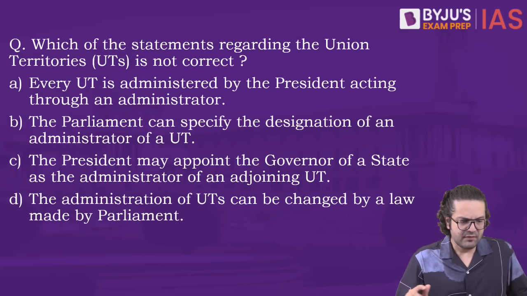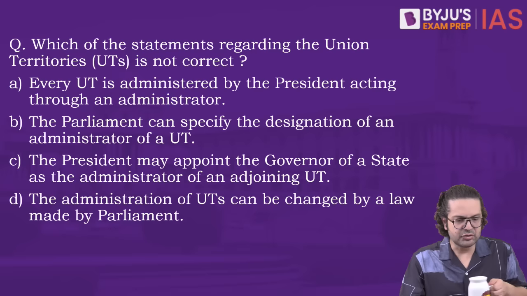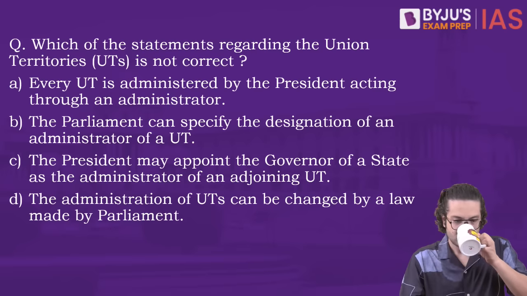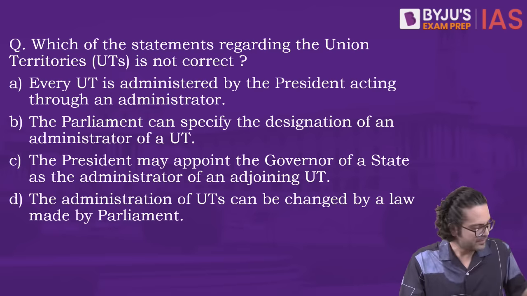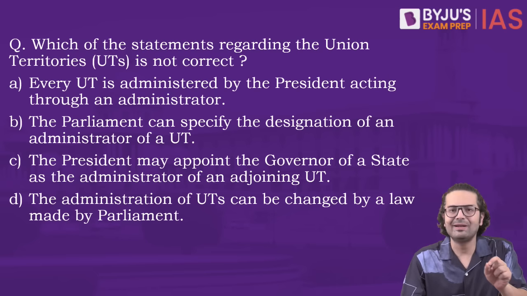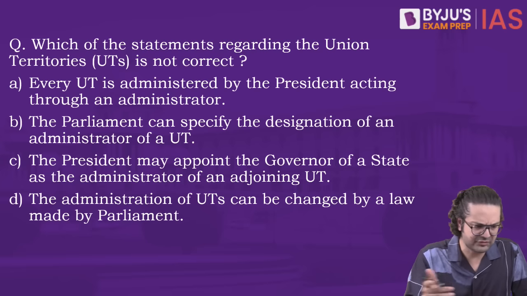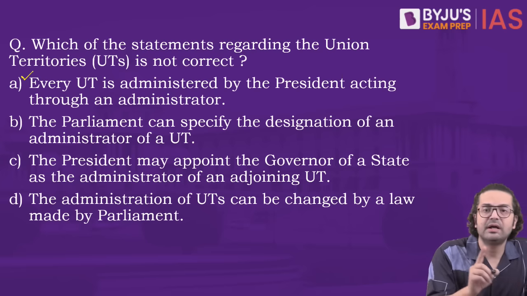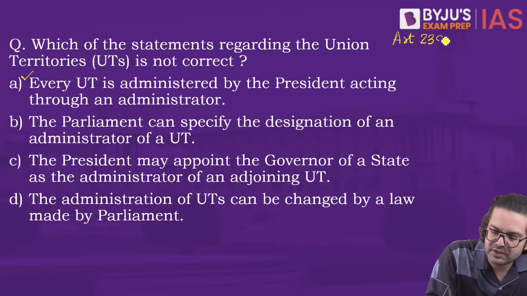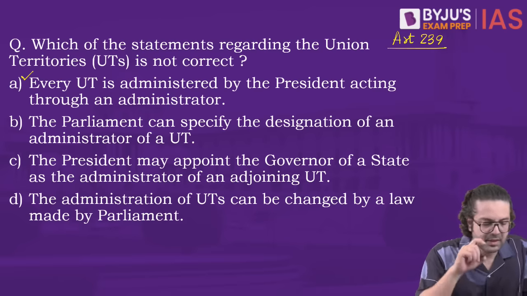Next question, which of the statements regarding the UTs is not correct? Every UT is administered by the president acting through an administrator. That's true. Article 239 talks about all these provisions with respect to the union territories in general.